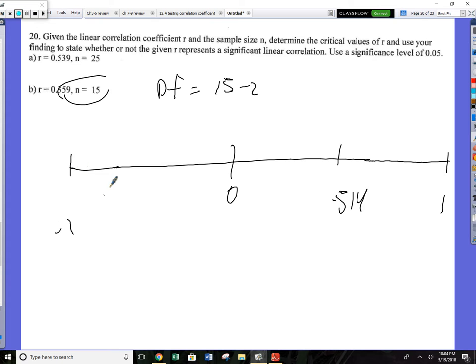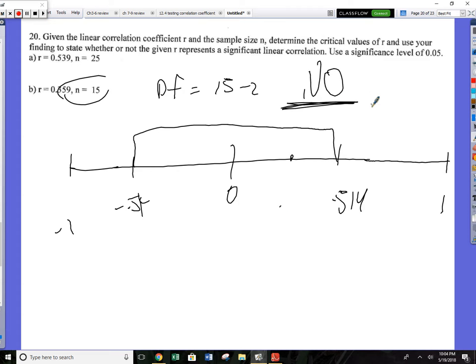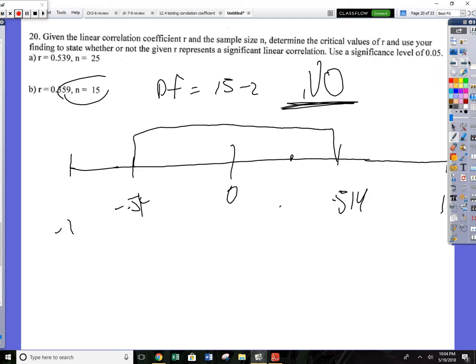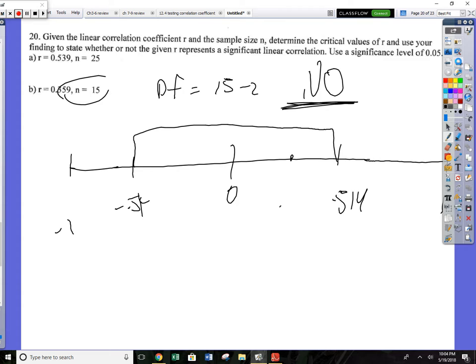Clear out here is negative 1. So negative 0.514. Boom. And my r value is 0.359. So my r value lies within this window. So nope, not a strong enough relationship. So they're not strongly correlated.